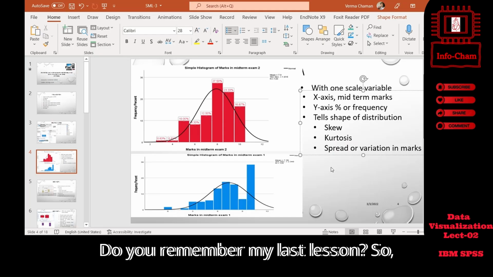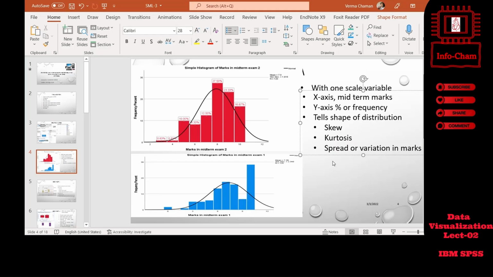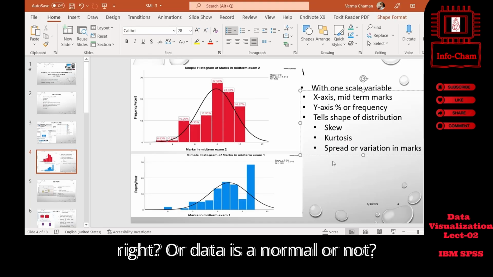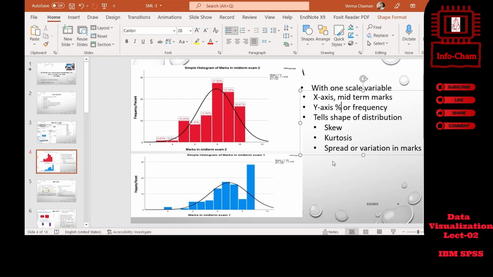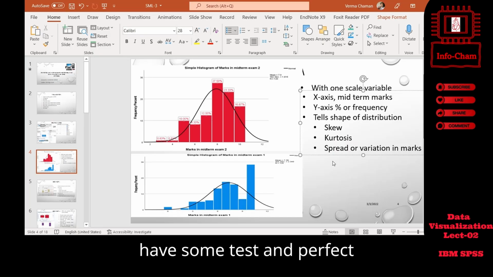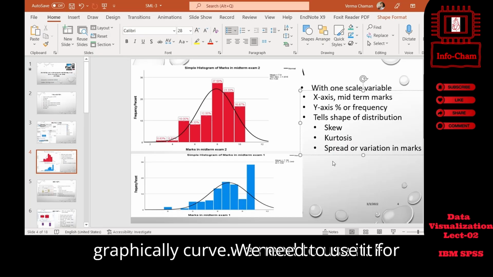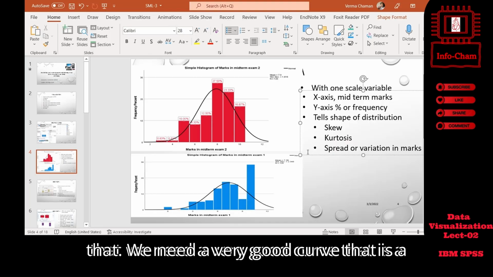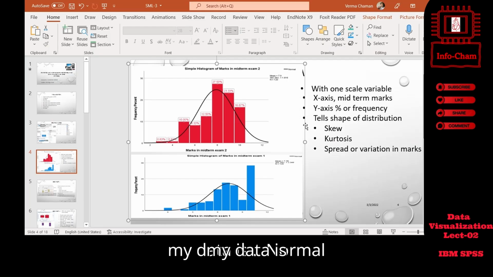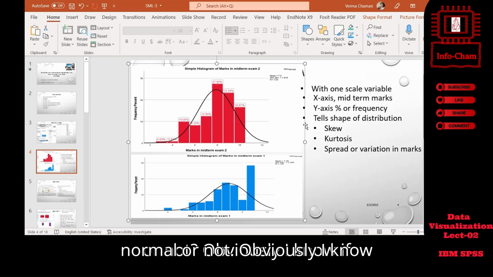Do you remember my last lesson? We discussed the term normality, right? Whether data is normal or not. How can I check the normality? We have some tests, and also graphical curves we can use. For that, we need a very good curve, that is a histogram. A histogram always tells us whether my data is normal or not.